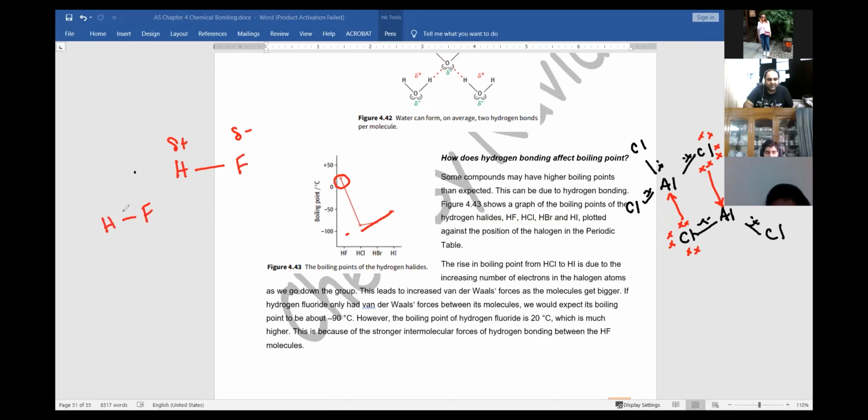So fluorine is donating one here. How many is remaining? How many electrons in fluorine's last shell? 7. Out of 7 it's donating 1. How many is remaining? 6. Then out of 6 can't it donate a pair of electrons?